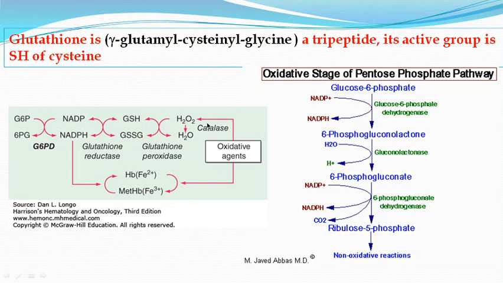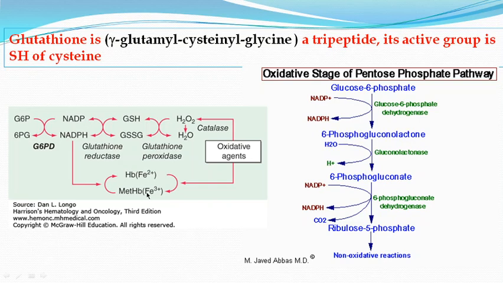There are other enzymes that help in the elimination of oxidant agents inside the red blood cells, like the enzyme catalase, which can also convert hydrogen peroxide into water. Hydrogen peroxide, when produced inside the red blood cells, acting as an oxidative agent, is very serious for the function of red blood cells. Why? Because it will convert the iron of hemoglobin from the ferrous form into the ferric form.